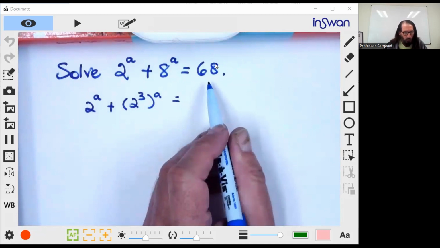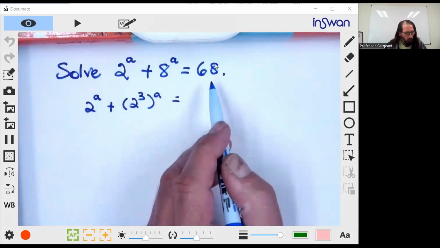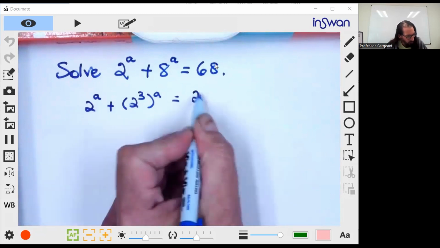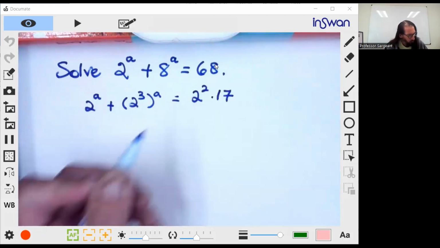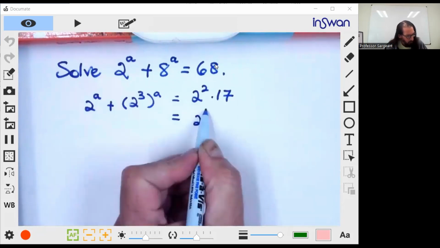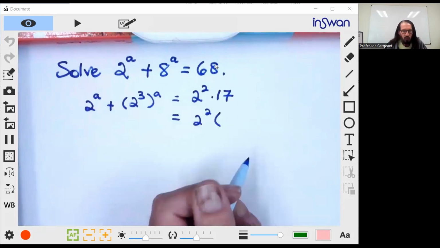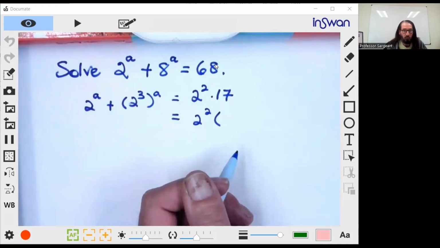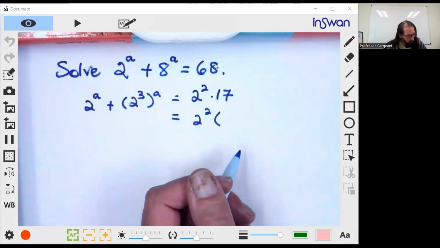And then 2 goes into 34 17 times. Furthermore, you can rewrite 17 not as a power of 2, but it is 1 more than 2 to the 4th.